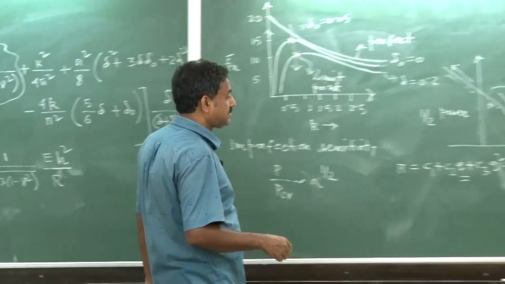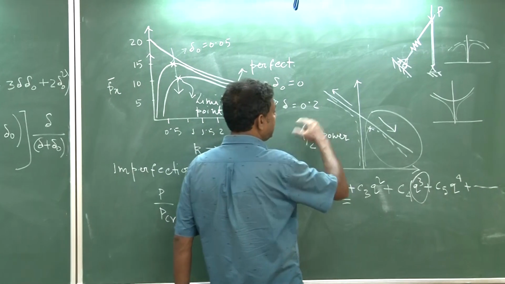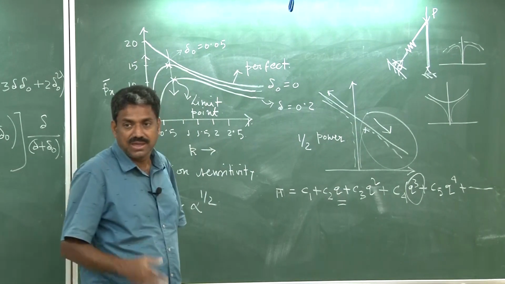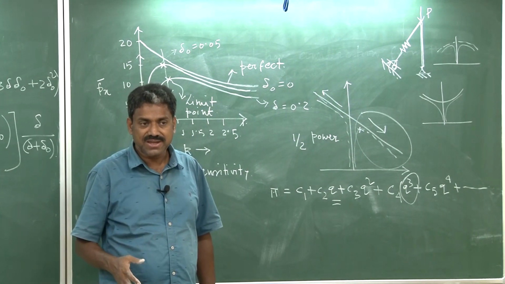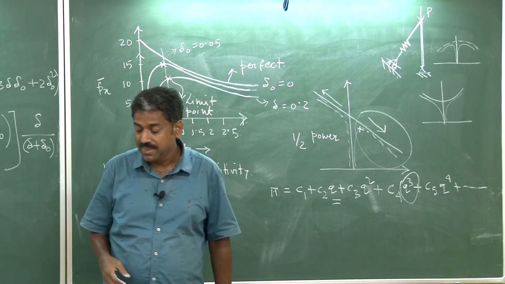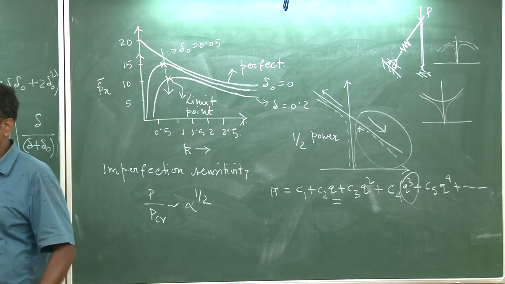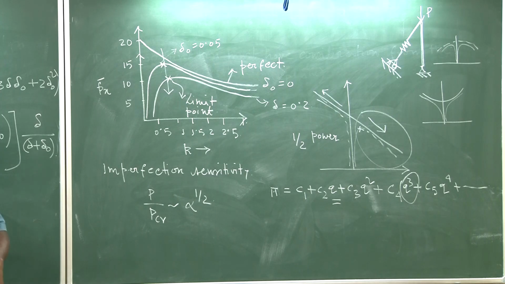Because of the cubic term, the system itself is unstable and asymmetric. So, individual modes are basically asymmetric and imperfection sensitive. Now, both these modes interact.